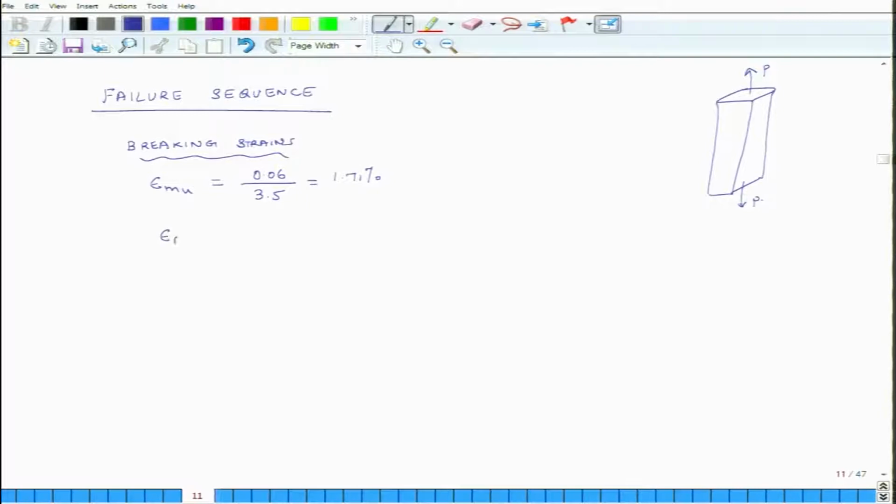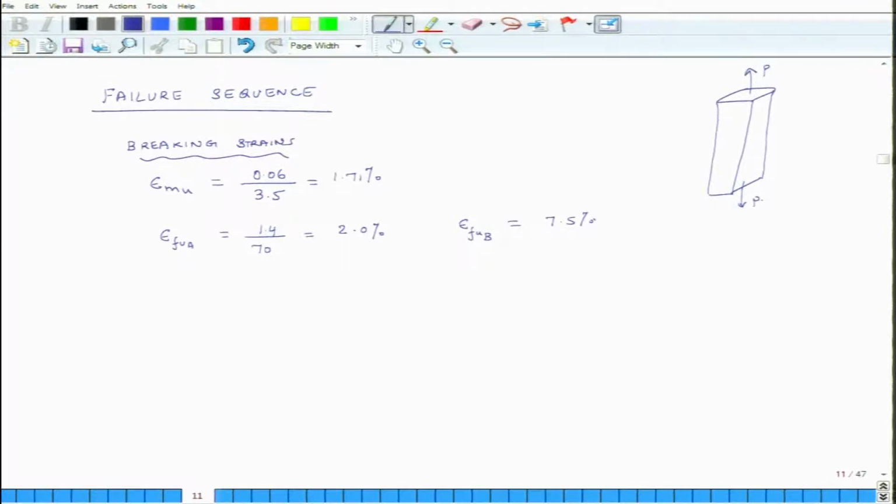Breaking strain for fiber A is equal to 1.4 GPa divided by 70, and that is equal to 2.0%, and breaking strain for fiber B, you can do the same mathematics, is 7.5%.